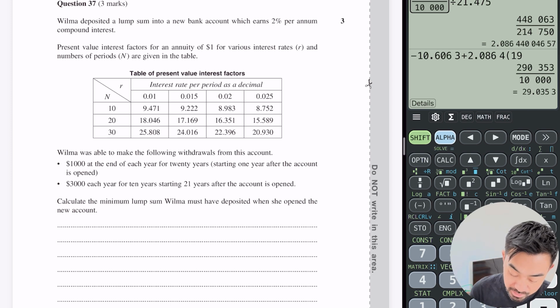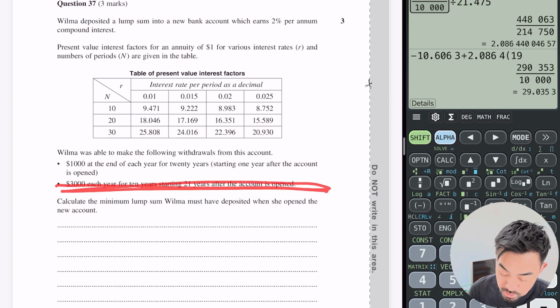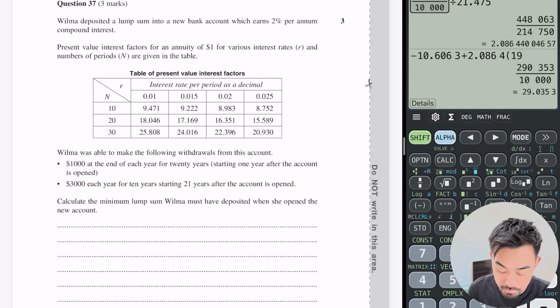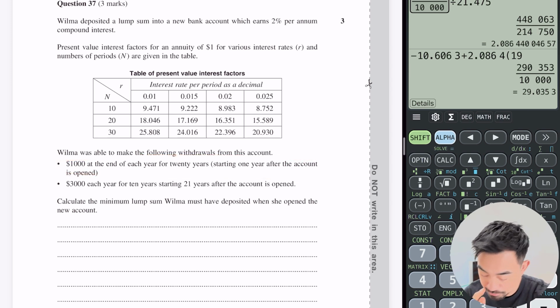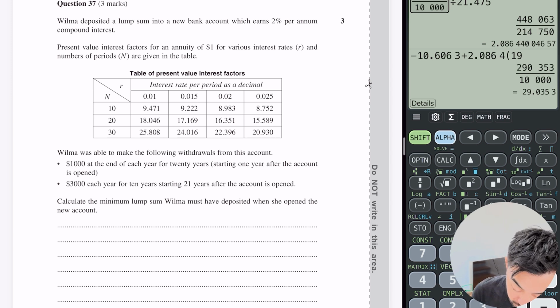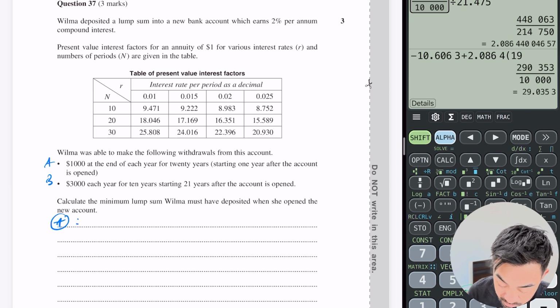All right, let's break this down. Let's say there was no 10 years where she withdrew 3,000. Let's just start with this. So how much money would she have to put in if she wanted to take out $1,000 at the end of each year for 20 years? Well, let's call this A, let's call this B. So for A, $1,000 at the end of each year for 20 years at 2% compound interest.